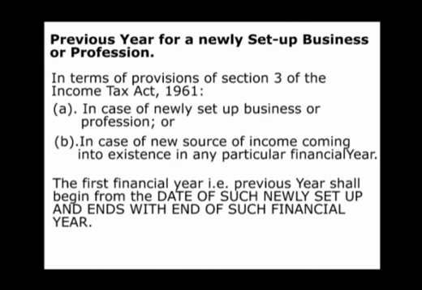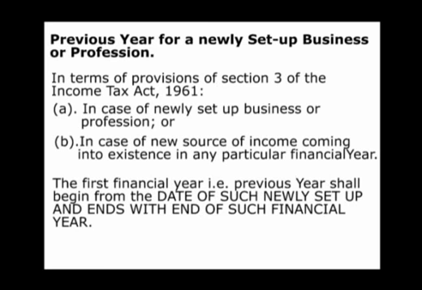In terms of the provisions of Section 3 of the Income Tax Act 1961, please note down, in case of a newly set up business or profession, or a new source of income coming into existence in any particular financial year, the first previous year shall begin from the date of such newly set up business and end with the end of such financial year.